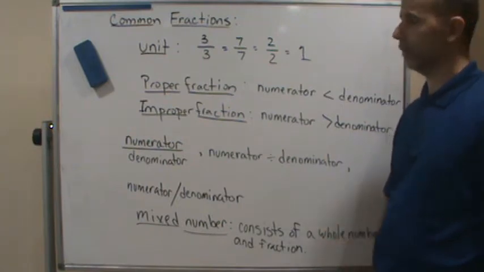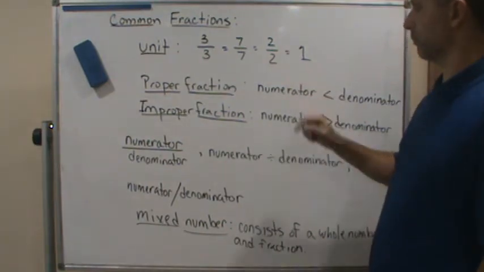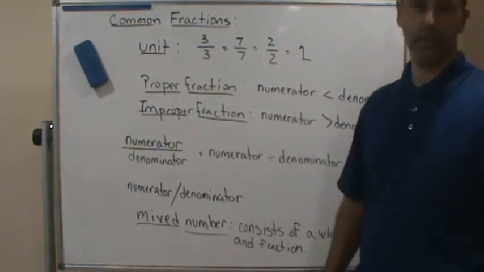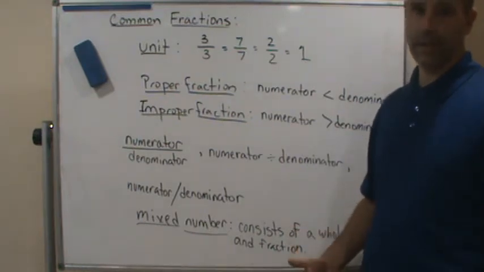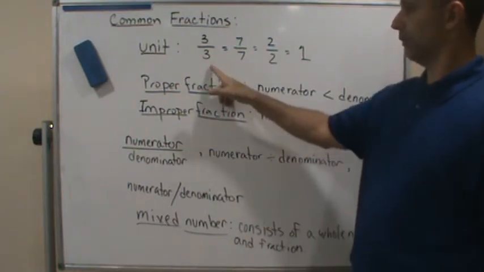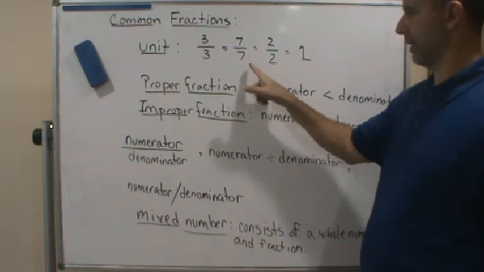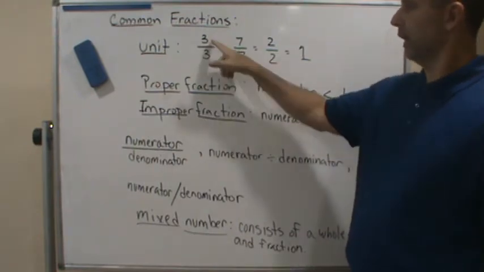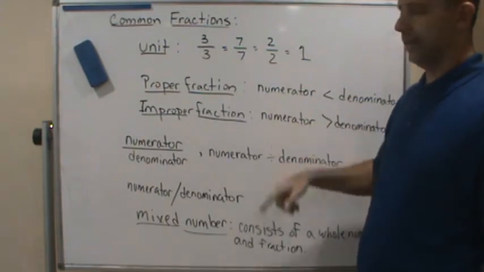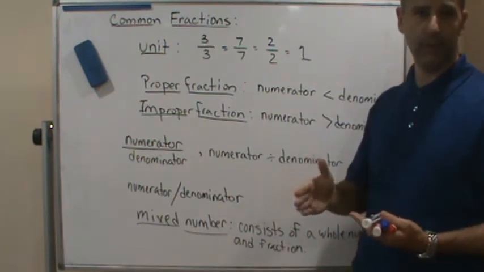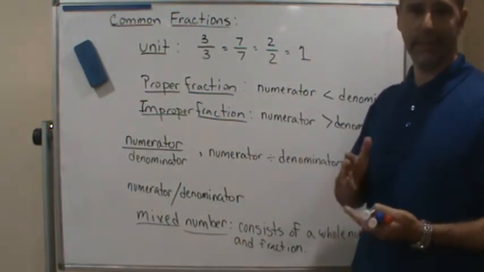When we talk about a unit, the number one, it can be written as a fractional part in many different ways. For example, 3 out of 3, 7 out of 7, 2 out of 2, because we can divide the whole into equal parts, however many equal parts we want.